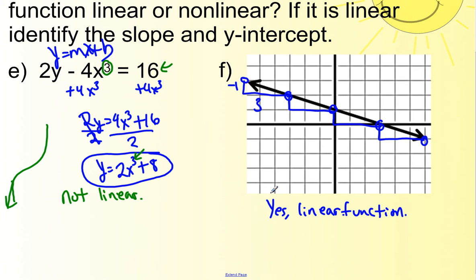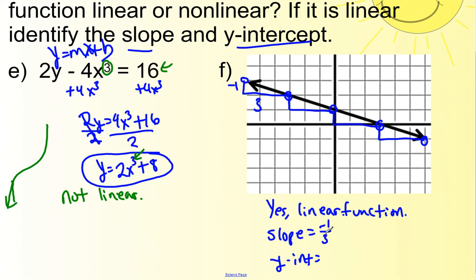All right, and it asks us if it is linear, find slope and the y-intercept. All right, so the slope is, well, this down 1 over 3 stuff. So slope is down 1 over 3.